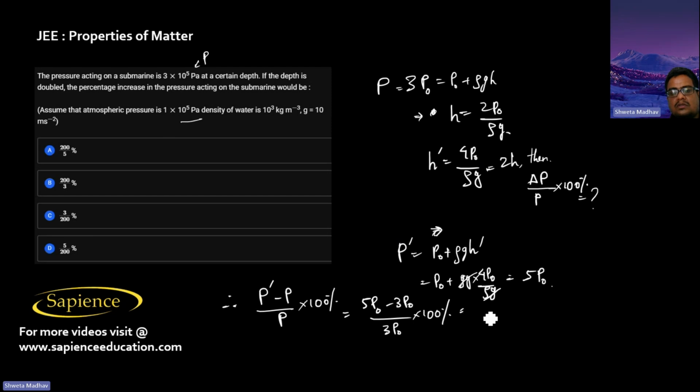So that is 2 by 3 into 100, which is 200 by 3, or percentage, I can say it is 200 by 3%. So this is the required percentage increase in the pressure acting on the submarine. So option B is the correct answer.